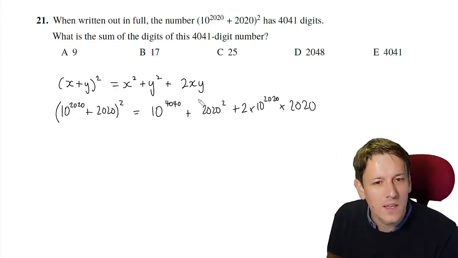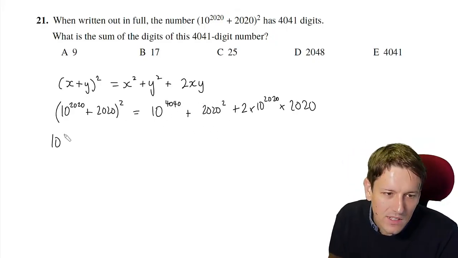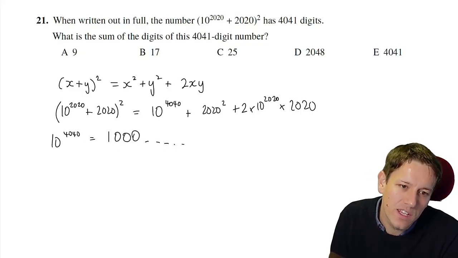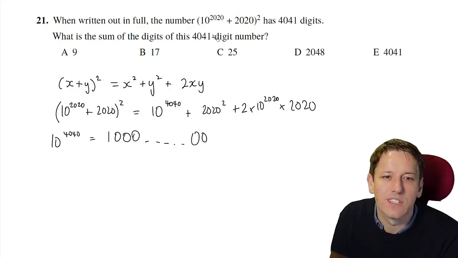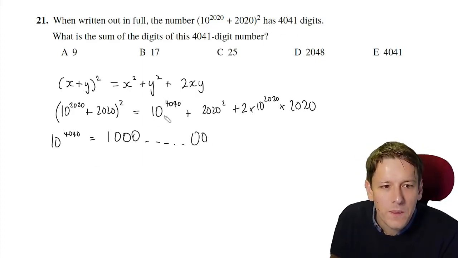Okay, so actually each of these things are reasonably easy to deal with, right? 10 to the 4040 is just going to be a 1 with a lot of zeros after it, right? 4040 zeros, I guess. And this gives us this 4041 digit number overall.